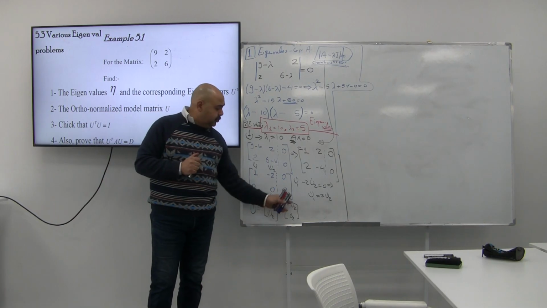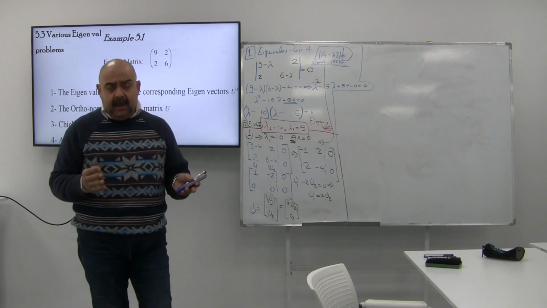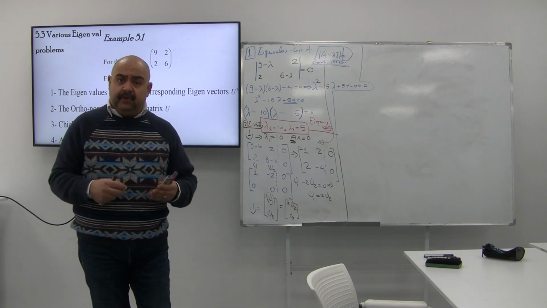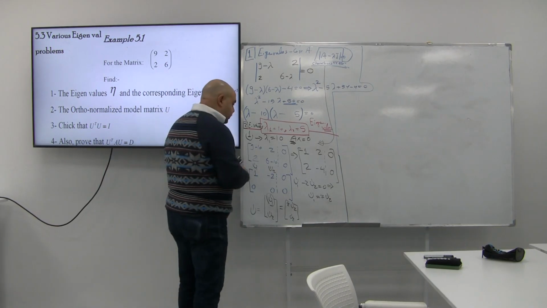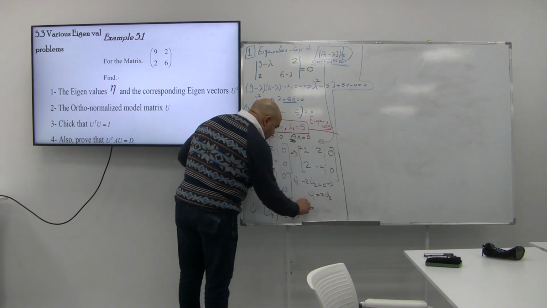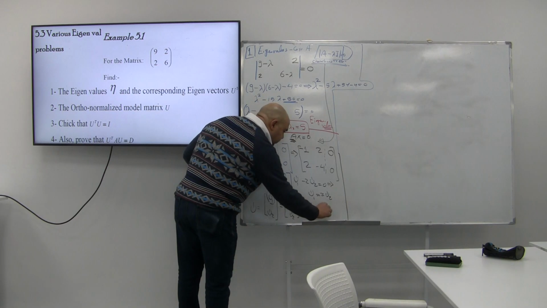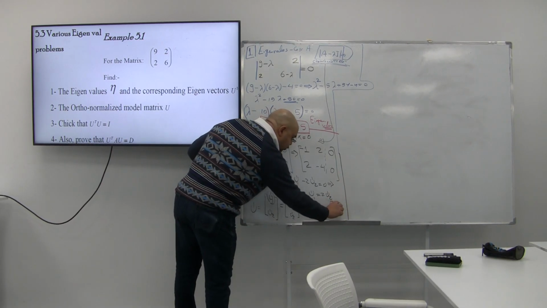All I have to do is to consider a value of u12, let's say 1 or something, and then you will have a nice form for this vector. You can choose it any way you like. I will choose u12 equal to positive 1. So actually this is the first eigenvector, which is simply 2 and 1.